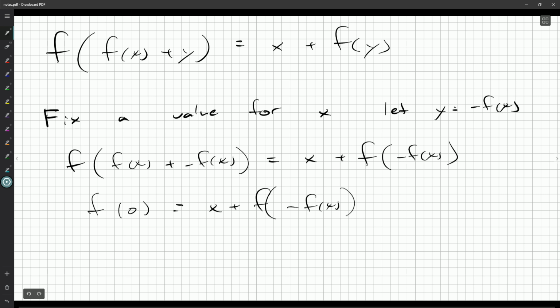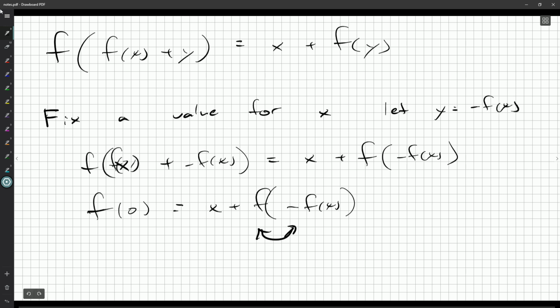So you always get this relationship, although we don't have a way to bring minuses outside or anything like that. But it's still an option. It's still something to look at. In fact, I'll leave it up there. f of x plus that is f of 0.